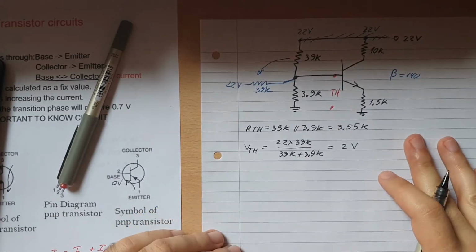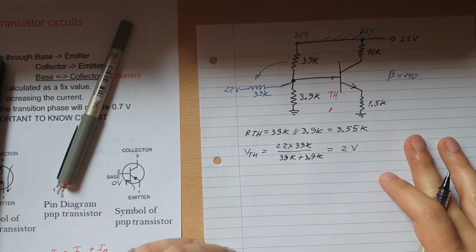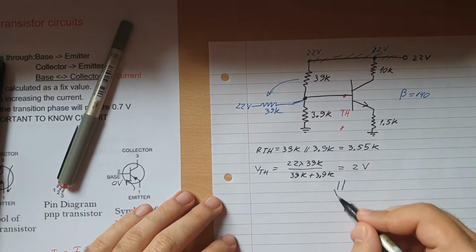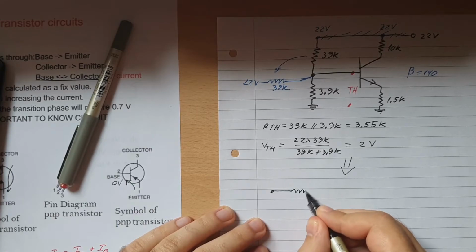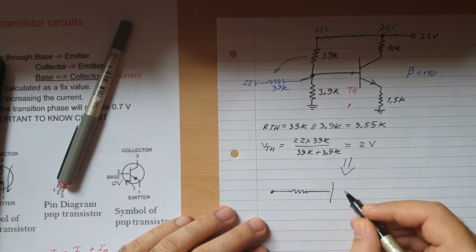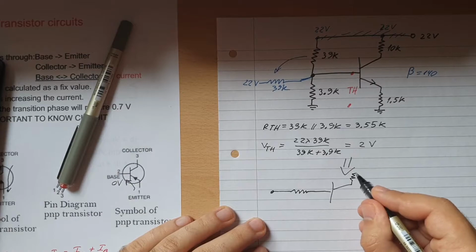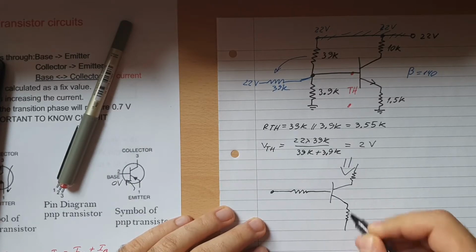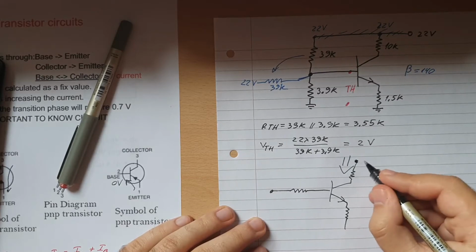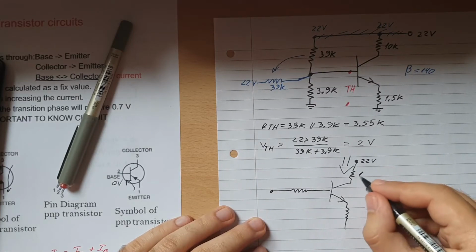Next, we can redraw the diagram, making it simpler and neater. We have the voltage source here, the resistance here, and a transistor with the resistance here and the emitter resistance here. So this one has 22 volts at the top and 10k ohms.